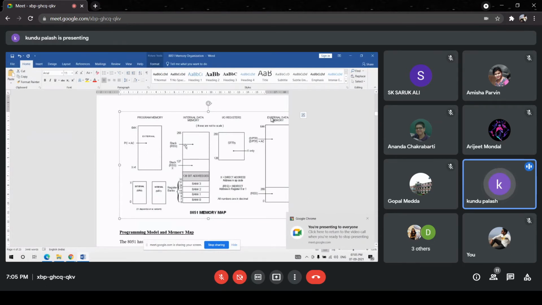What about SFR? You can see, according to the memory location, 128 bit addresses or 127 byte memory locations, that is from address location 32 to 127 in decimal, are utilized as the stack pointer or stack area, or also the user program data.